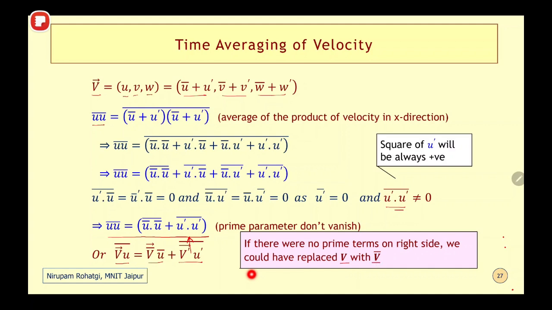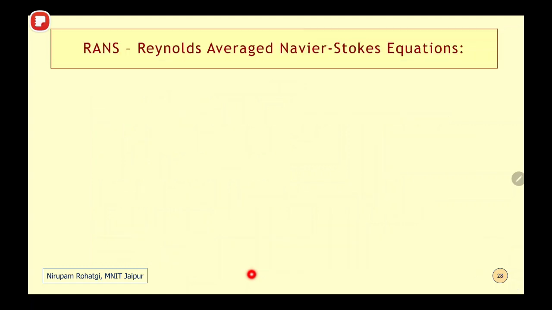Now this is the thing: on the right side, your v prime is not vanishing. Had it not been there, we could have simply replaced v with v bar and our number of unknowns would have remained the same.